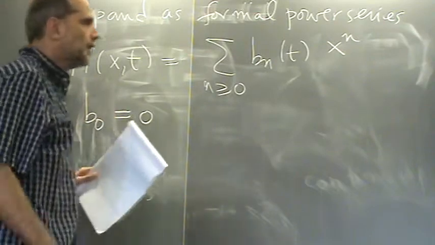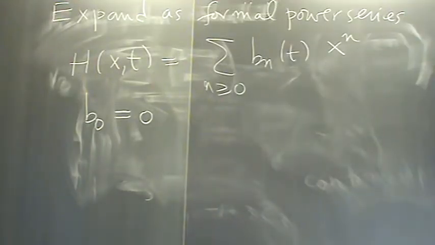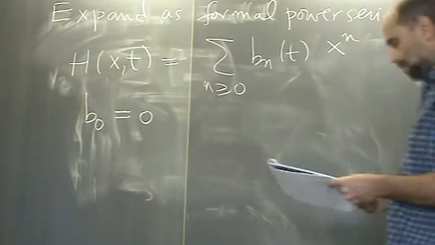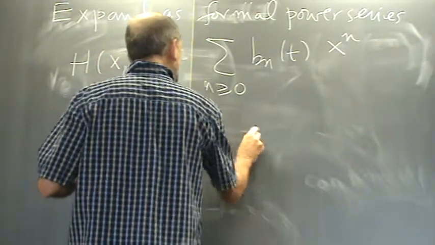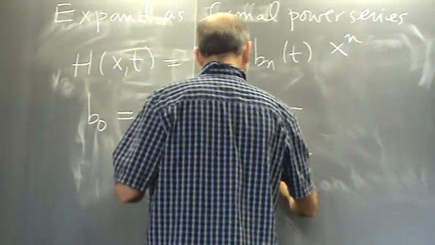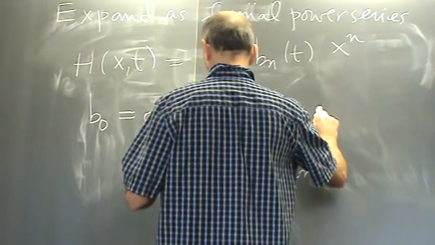B0 is 0. The function here, if you notice, starts with k equals 1, so all the binomials are divisible by x. So the function has a value of 0 at 0. And then the rest of the coefficients can be written like this.